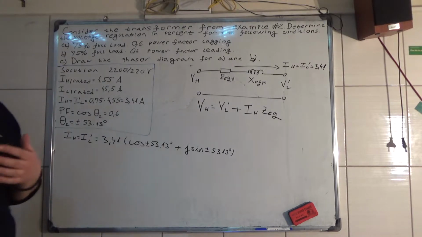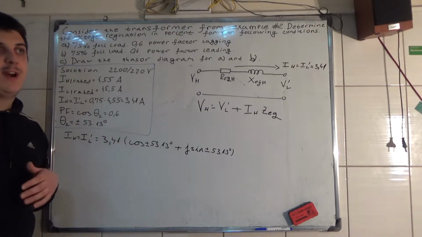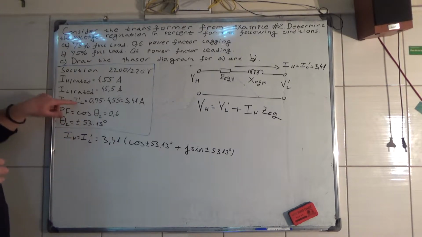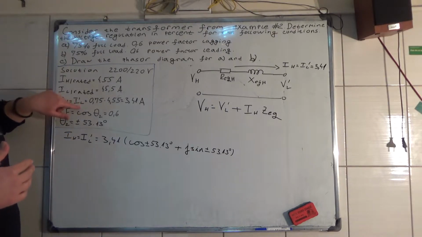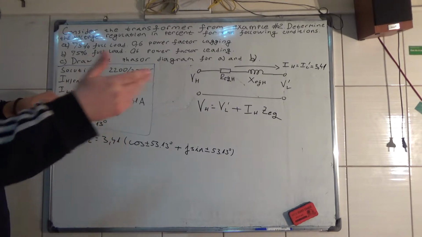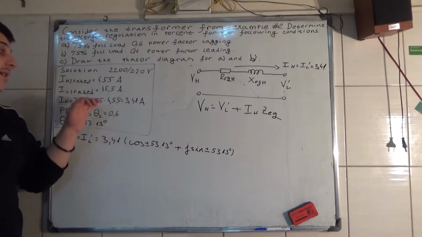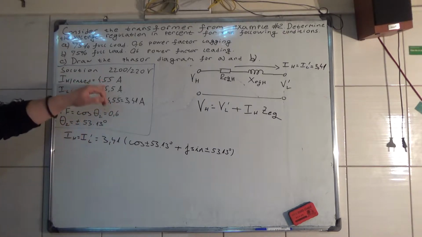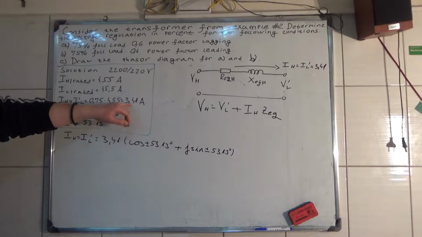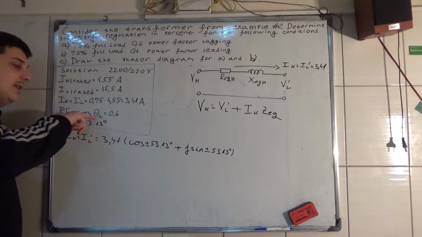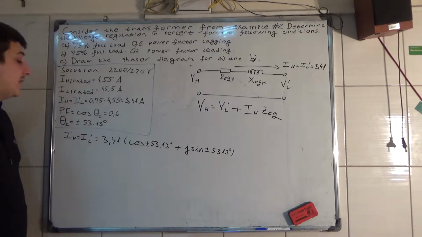So 75% of full load is 75% of the rated current. On the high side, or the transferred value from the low to the high side, that is equal to 0.75 times 4.55, and that's 3.41 amperes. But now it has a power factor, cosine of theta 2 is 0.6.